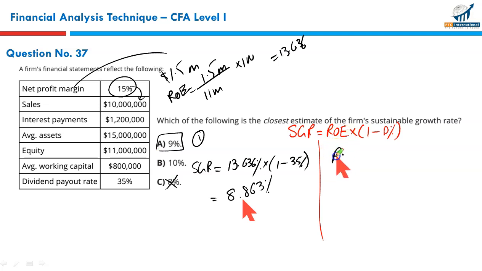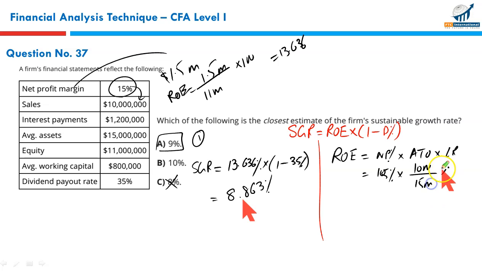What about the long shot? Long shot, return on equity is calculated by the data given. What is the net profit percentage, assets turnover, and leverage ratio? And then we plug it in the formula. So net profit percentage is 15%. Assets turnover, that is sales, 10 million upon average assets, 15 million. What about leverage?